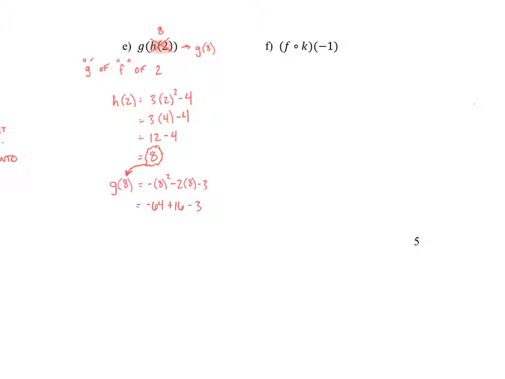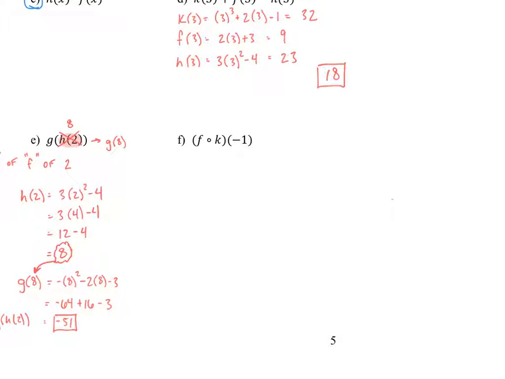All right, so then negative 64 plus 16 minus 3 should give me negative 51, that whole sequence there. So that means that g of h of 2 is really just negative 51. That's the process there.